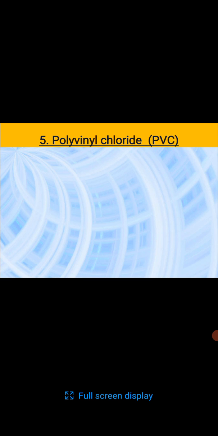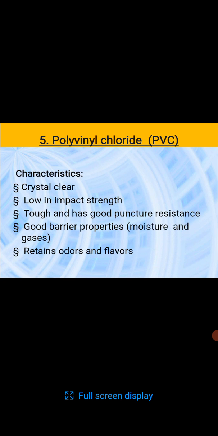Polyvinyl chloride (PVC). This is a famous type of plastic used for pharmaceutical production. Characteristics: crystal clear, low in impact strength, tough and has good puncture resistance, good barrier properties for moisture and gases, retains odors and flavors.